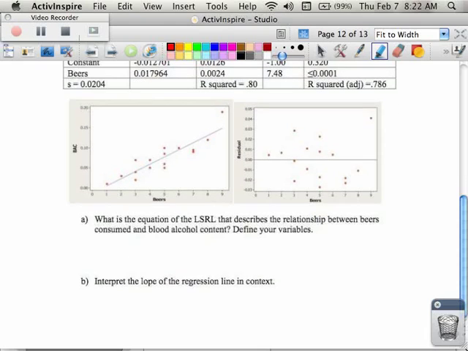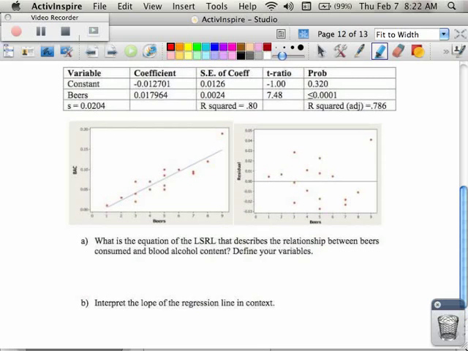So let's answer some questions. First of all, what's the equation of this least squares regression that describes the relationship between the beers and the blood alcohol content, and define your variables? Whenever you're talking about a prediction line, you're going to start off with y hat.